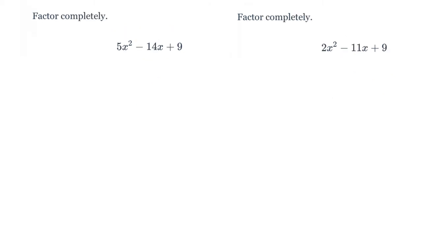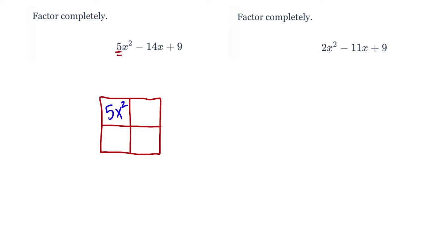So here's where we kick it up a notch. This is still a trinomial, but the difference here is this leading coefficient is not a 1. So we need something that multiplies to give us 5x squared, which would have to be a 5x and another x.